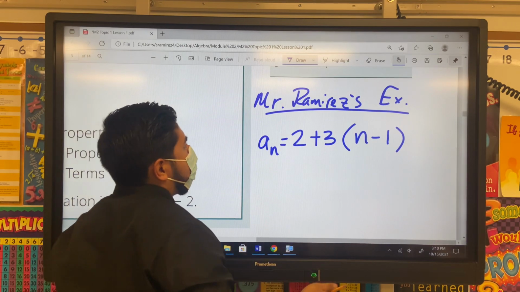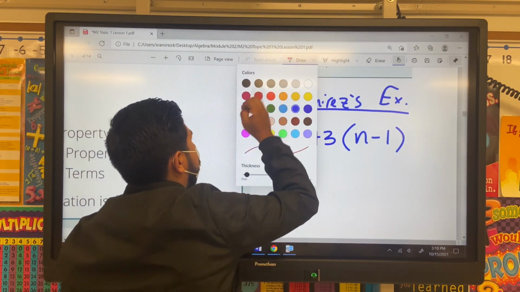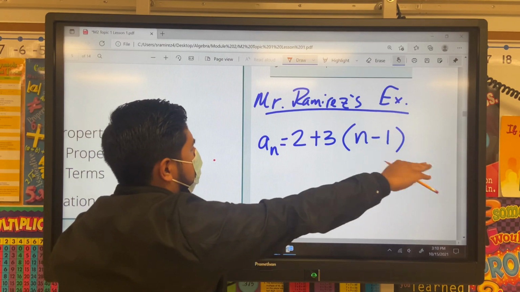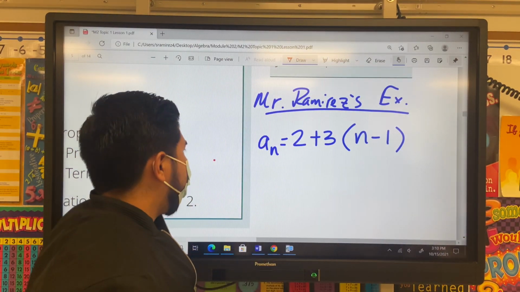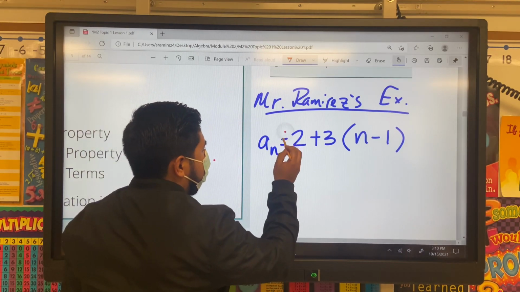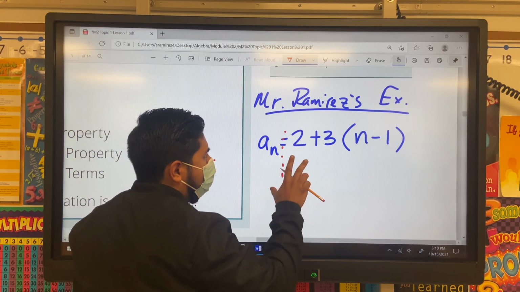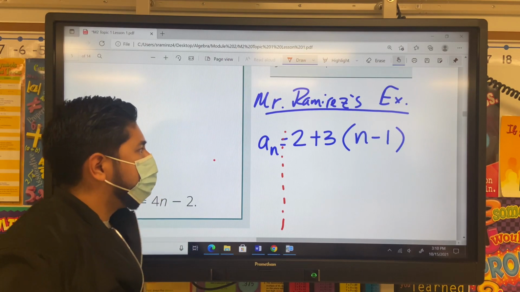Couple of steps. When I look at this equation, this arithmetic sequence, I have a set of parentheses that I need to get rid of. First off, I do want to show a border because I'm only working on this side for right now.